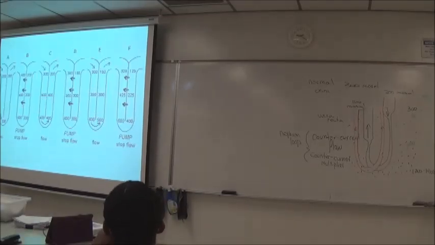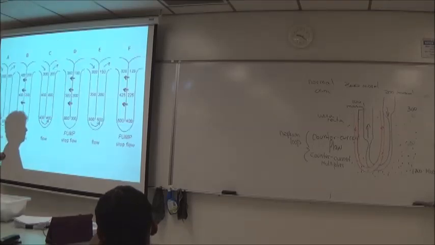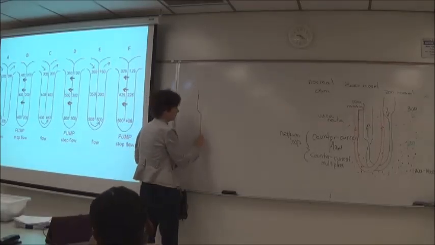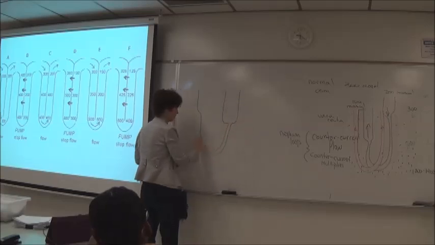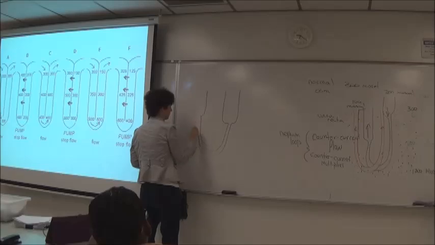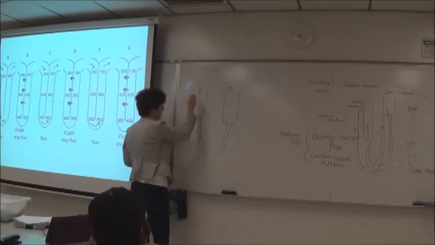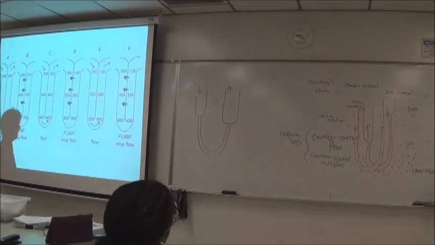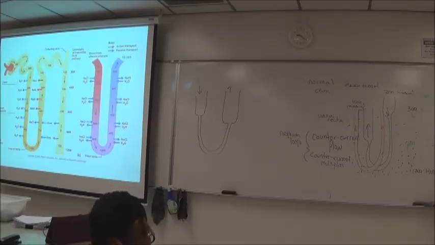I'm going to match this up to my chart. I'm going to draw this in the opposite direction as I did over there. So descending limb, ascending limb. And the thick segment is going to be variable depending on our location in the nephron.